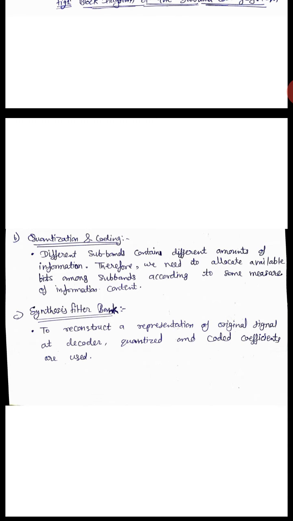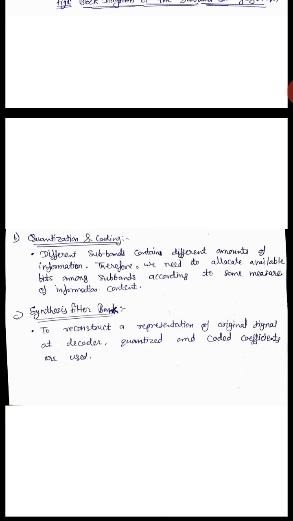Now, the third step is the synthesis filter bank. To reconstruct a representation of the original signal at the decoder, the quantized encoded coefficients are used. These encoded samples from each subband at the receiver end are decoded first.